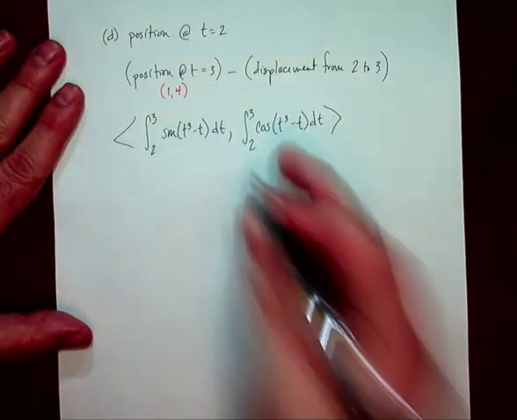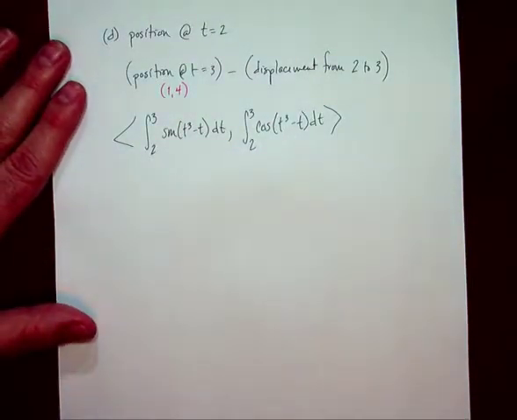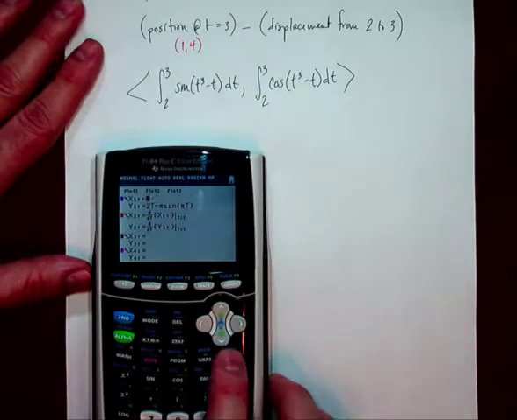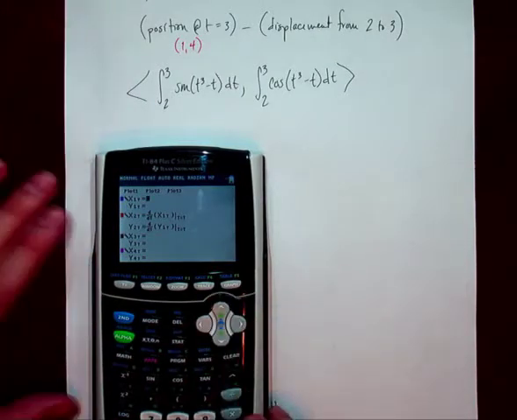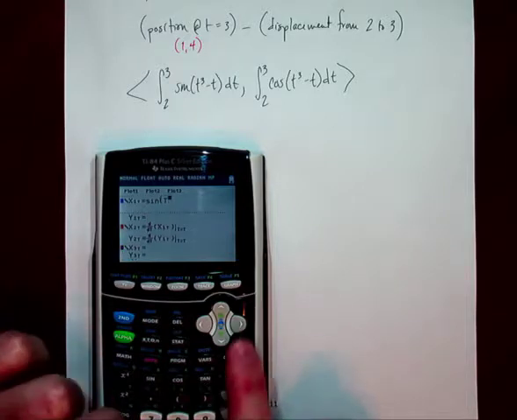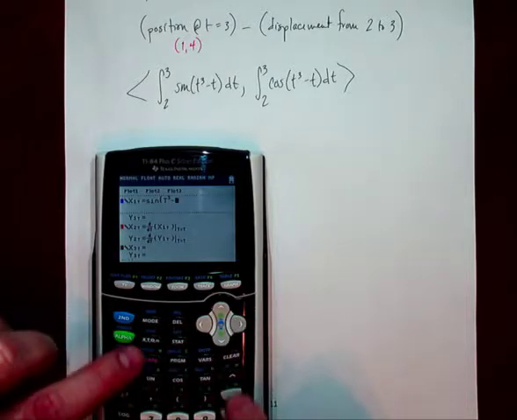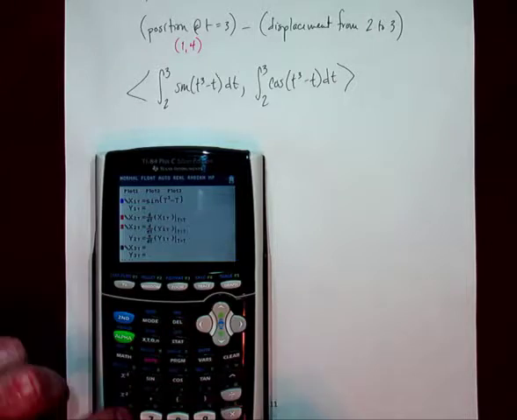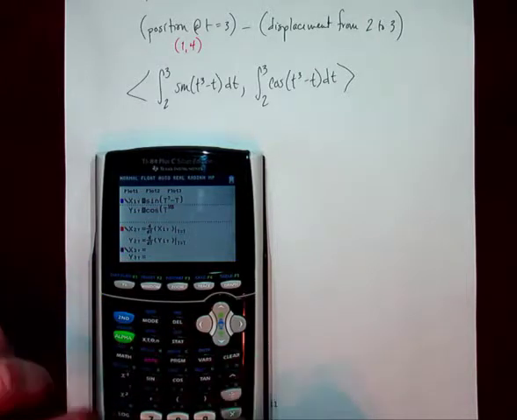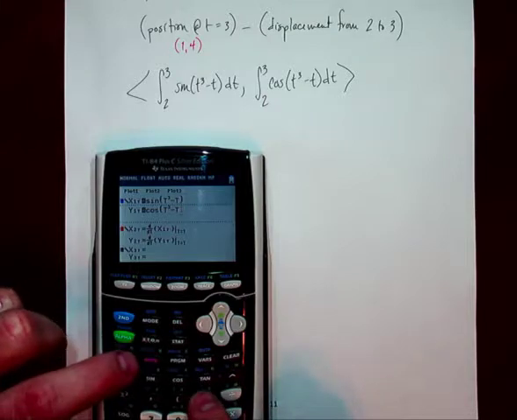And so, let's go ahead and quit that and go back to the main screen. Okay, let's do sine of t cubed minus t, and then cosine of t cubed minus t.